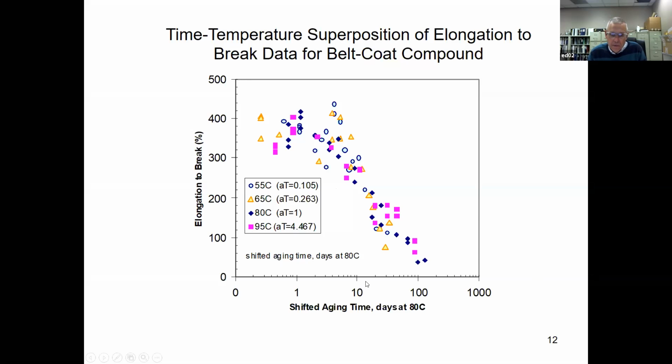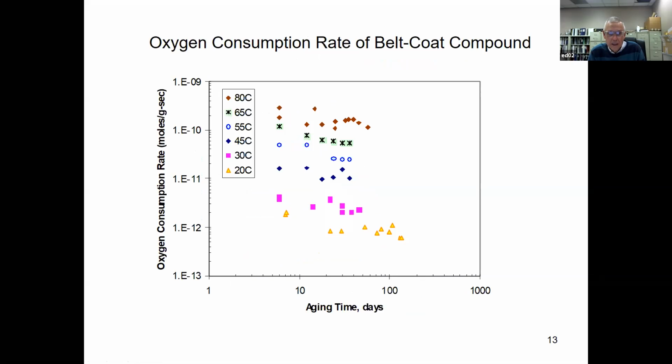So here now we feel confident between 55 degrees C and 95 degrees C, but we'd really want to get down to 22.6 degrees C with confidence. So for that, we use the ultrasensitive oxygen consumption technique.